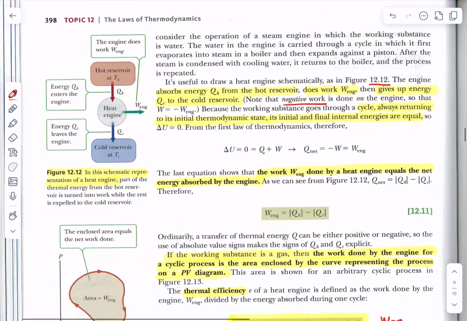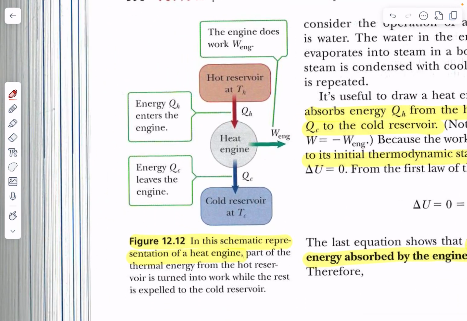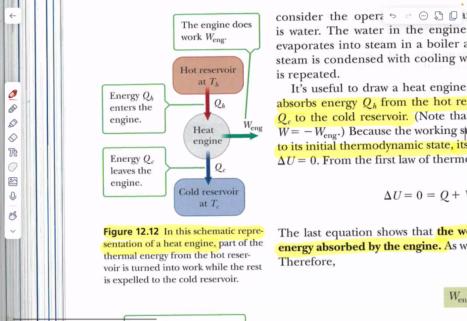Now, a very helpful diagram to consider a heat engine or to represent it is this diagram right here. So let's spend a minute with this. So in this diagram representing a heat engine, we begin with a hot reservoir. This is where the steam is being produced, and that would be, of course, at a high temperature.